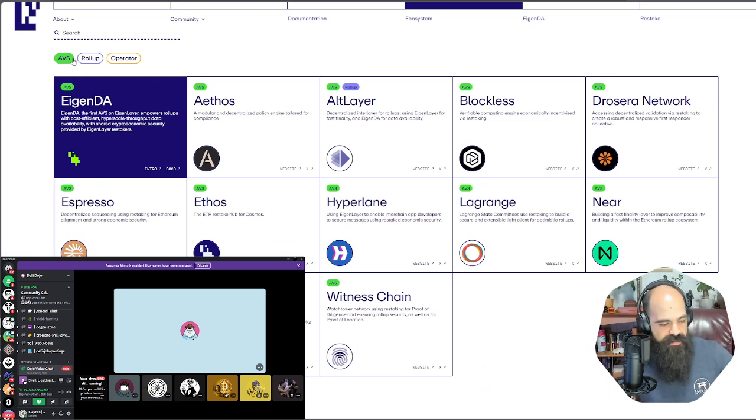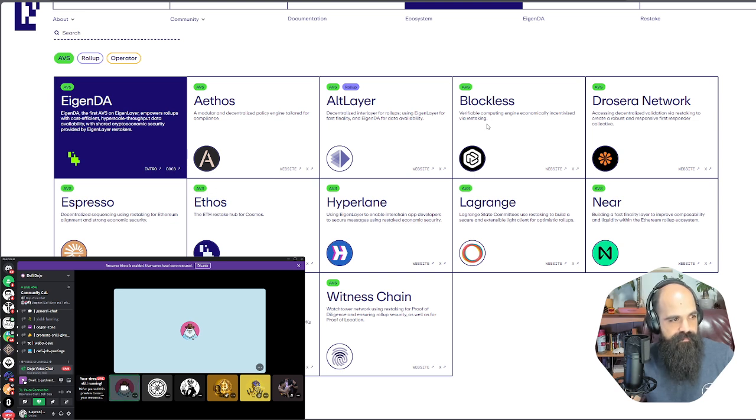These are the AVSs. If you want roll ups, I can do those too. I think Blockless is pretty cool. Blockless is like a decentralized execution environment with a modular proof system. I know ZK is a whole narrative right now, but you can build any proof system into Blockless.